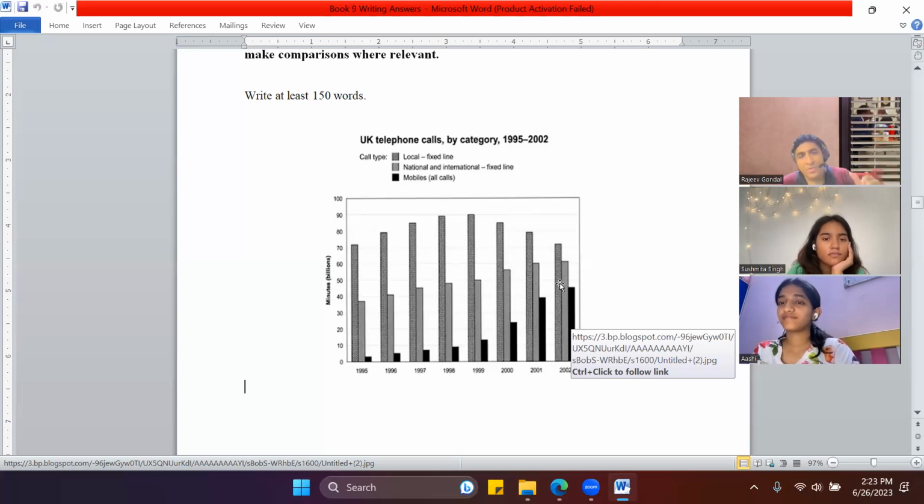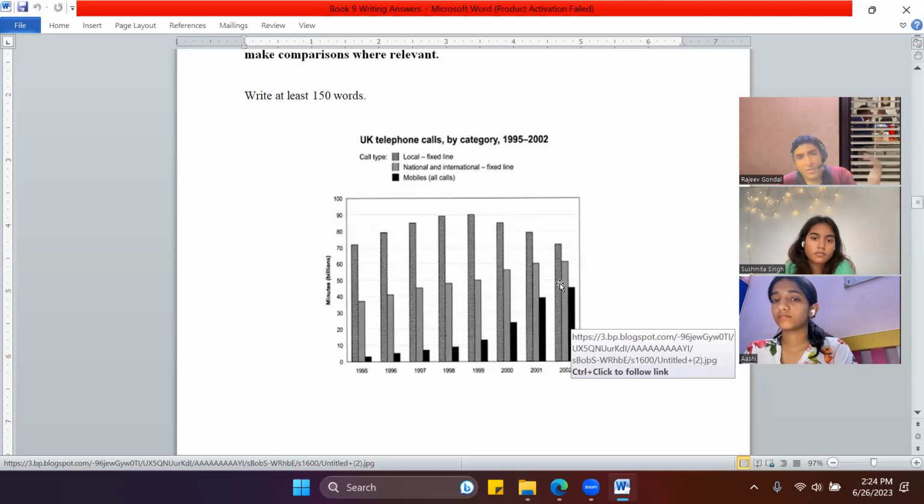So you can say that the local fixed line was the most popular phone call type from 1995 to 2002. Though it witnessed a fall from 1999 onwards, it still maintained its top position till the end, right?